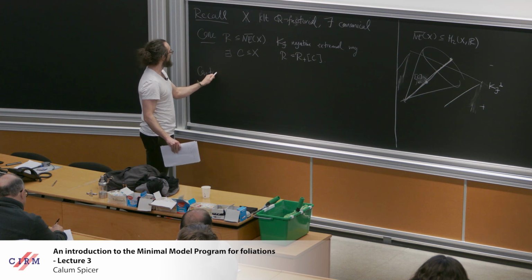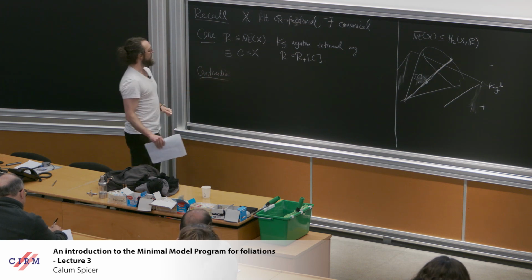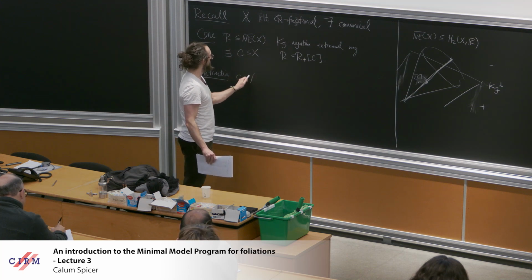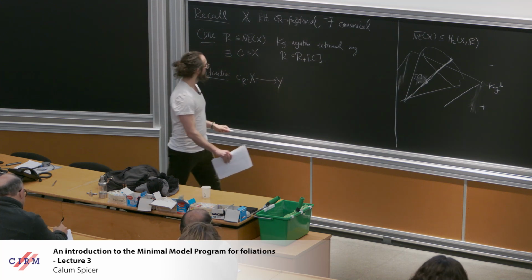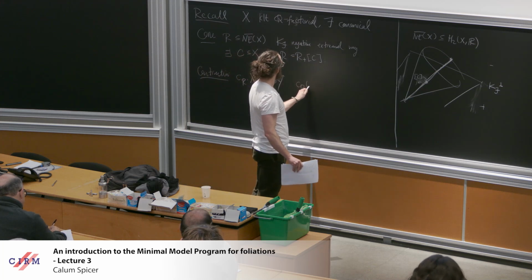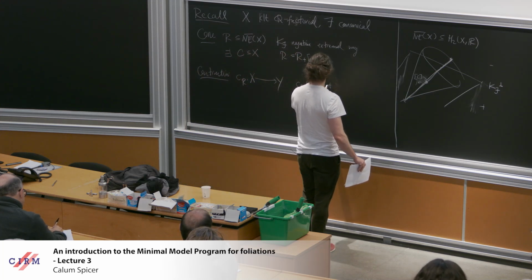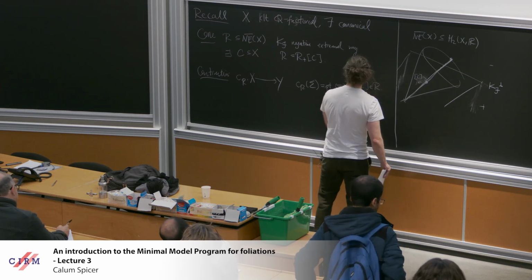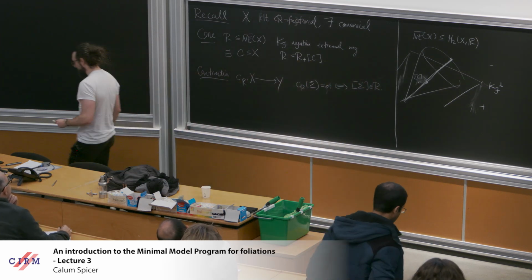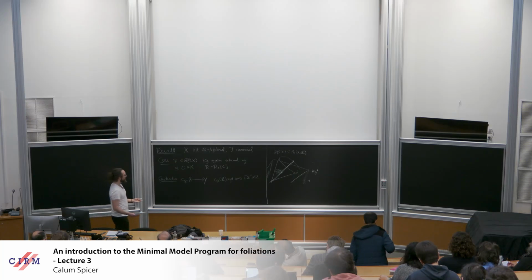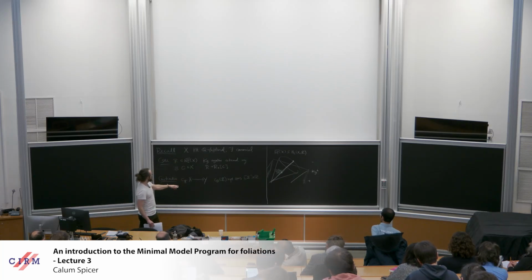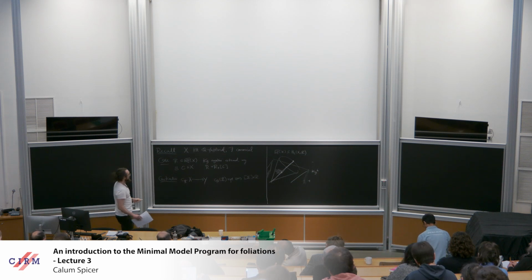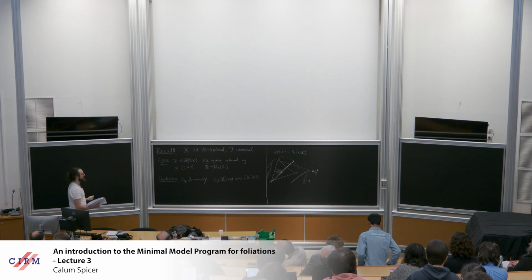The next result was the contraction result. So when we found this extremal ray, we could contract it. So we had a morphism from X to Y such that cont_R of sigma is a point if and only if the class of sigma was inside R. So the idea is that we have some morphism, not necessarily birational, which is contracting every curve which appears in the ray R. Now, there were 3 possibilities for this contraction.